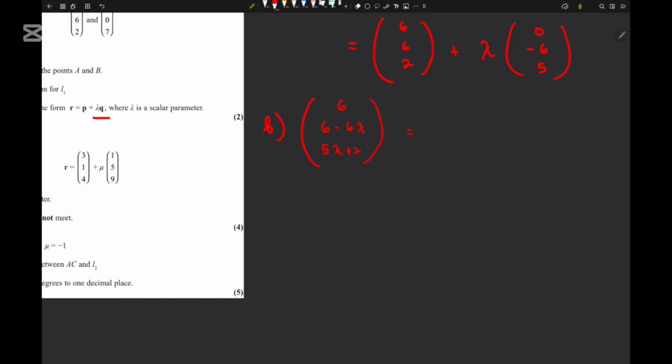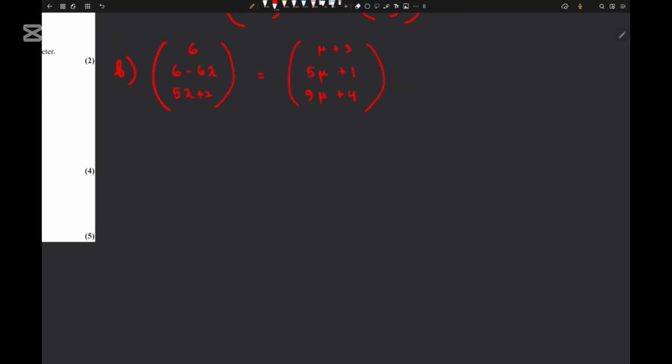L1's equation will be equal to L2's equation. L2's equation can be written as mu plus 3, 5 mu plus 1 and 9 mu plus 4. Now let's equate the corresponding values, which is 6 equals mu plus 3.